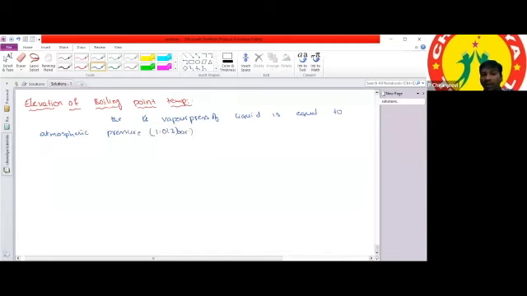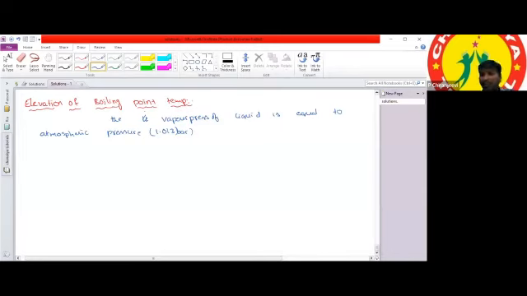So how much it has to be? 1.013 bar it has to be. When the vapor pressure of the liquid is equal to atmospheric pressure, that only we can call the boiling point temperature. So the temperature at which the vapor pressure of the liquid is equal to atmospheric pressure is called the boiling point temperature.